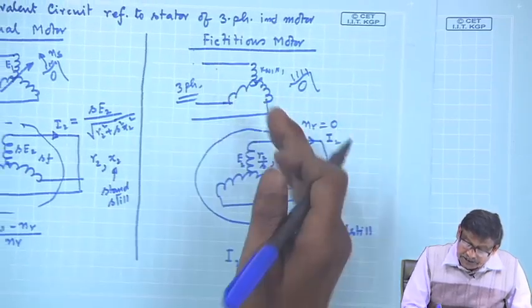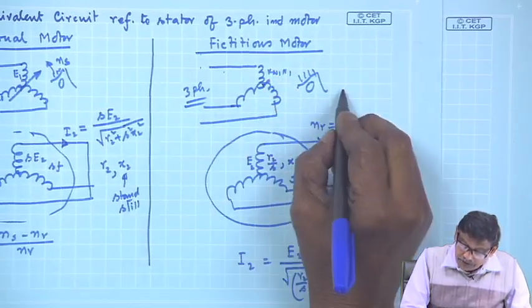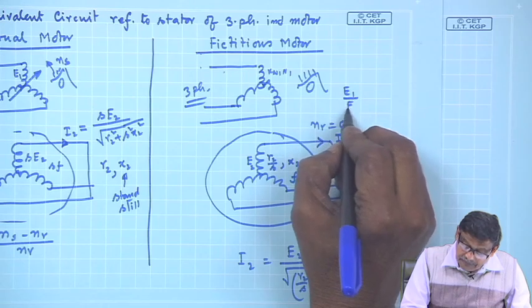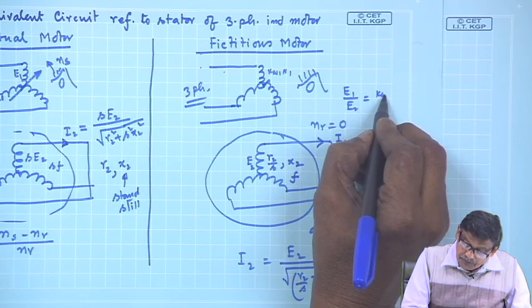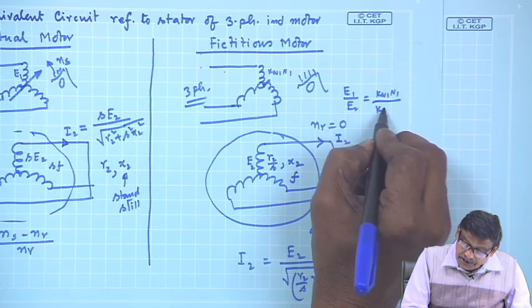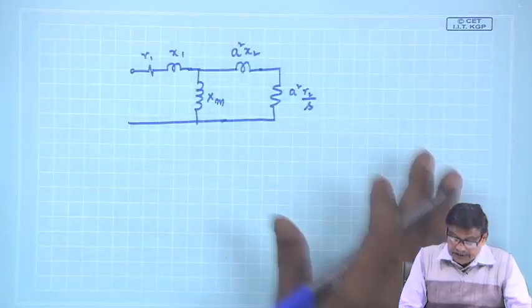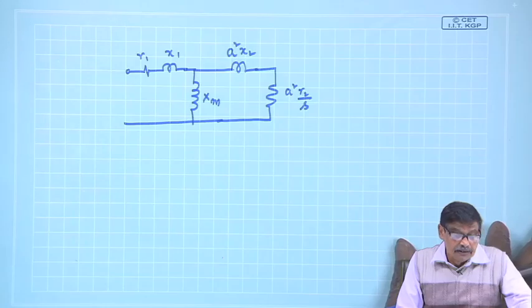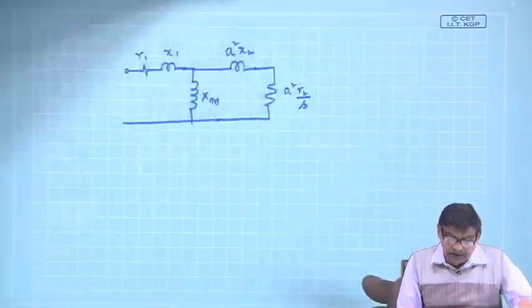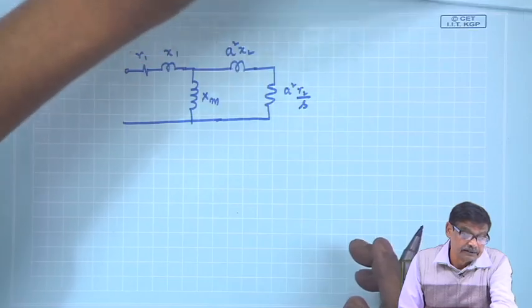The ratio of the voltages, there is no S term now, E1 by E2 is still K_W1 N1 by K_W2 N2, everything is in place, and this is the equivalent circuit.